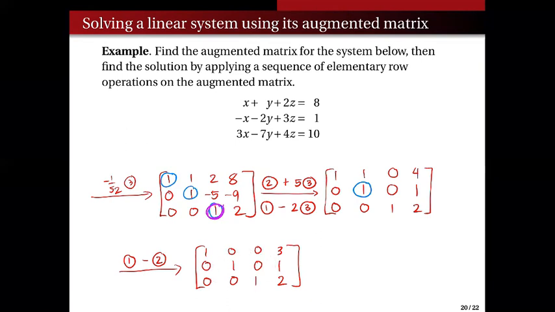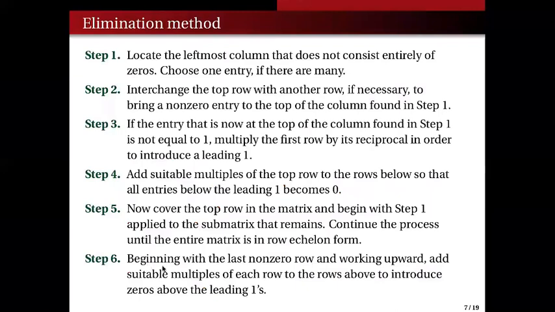Look at this. Step 6. From this entry, step 6 allowed us to get a reduced row echelon form. Okay? So beginning with the last non-zero row and working upward, add suitable multiples of each row to the rows above to introduce zeros above the leading ones. Once you finish this step 6, you now have the reduced row echelon form.